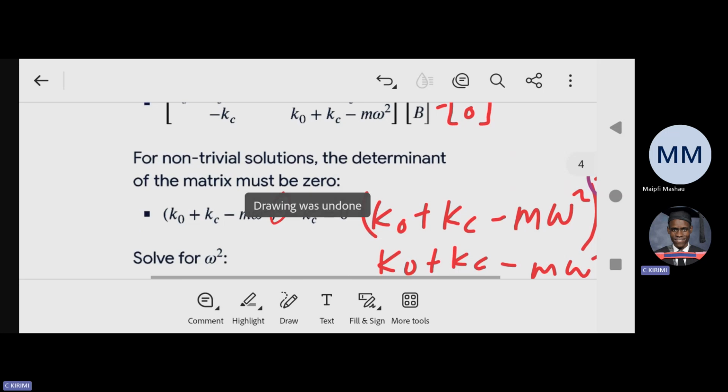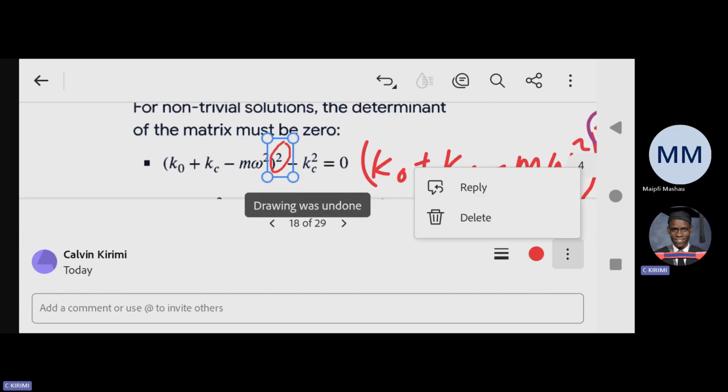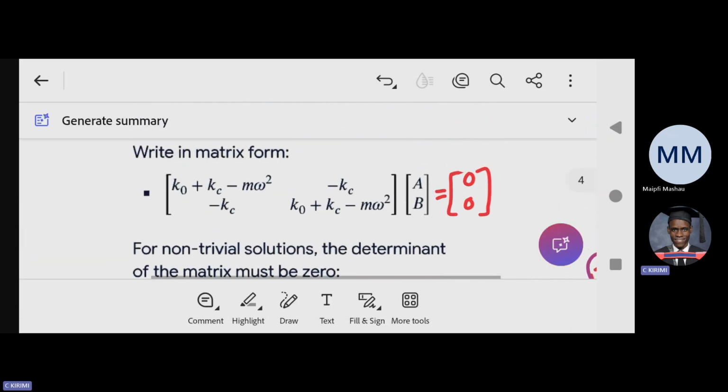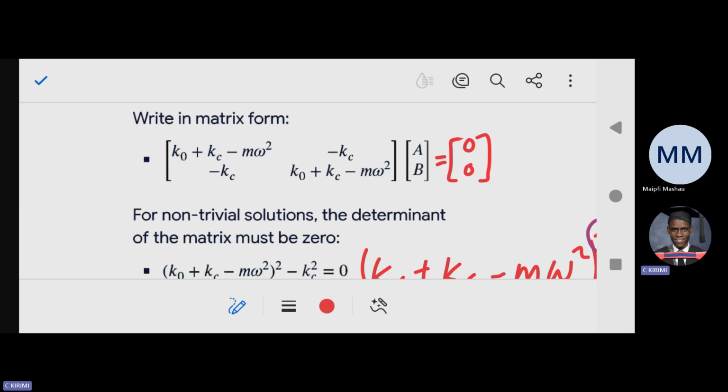Now, let's see the other side where we said we are going to multiply like this. So now we are cross multiplying. So it's minus bracket minus KC multiplied by minus KC. That's what we are doing.